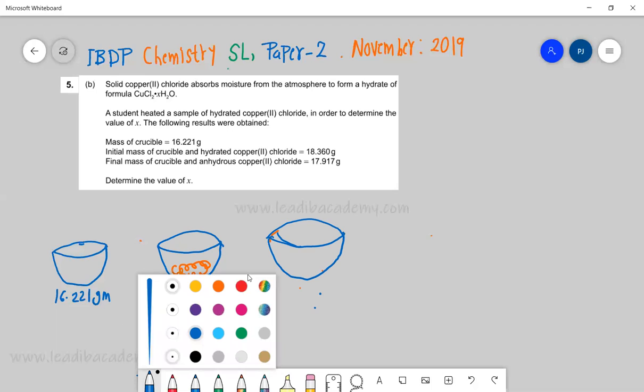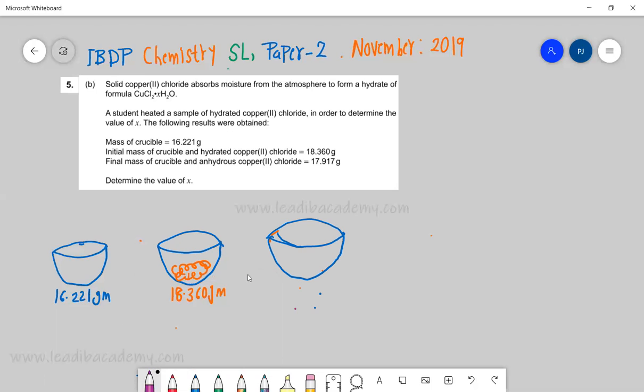Okay, let me show with a different color just to make a difference. So this is hydrated, this is anhydrous, and this is empty. Let me put the numbers for this. It's 17.917 gram.